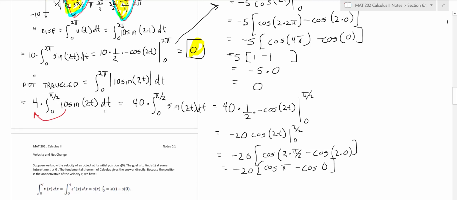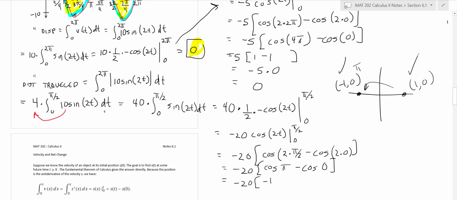And you can look this up on the unit circle. Pi is there. Halfway around the circle is pi. That's the point -1, 0. The cosine's the x value, so that would be -20 times -1. 0 is at the point 1, 0. The cosine is 1, so it's -1. So you end up with -20 times -2.